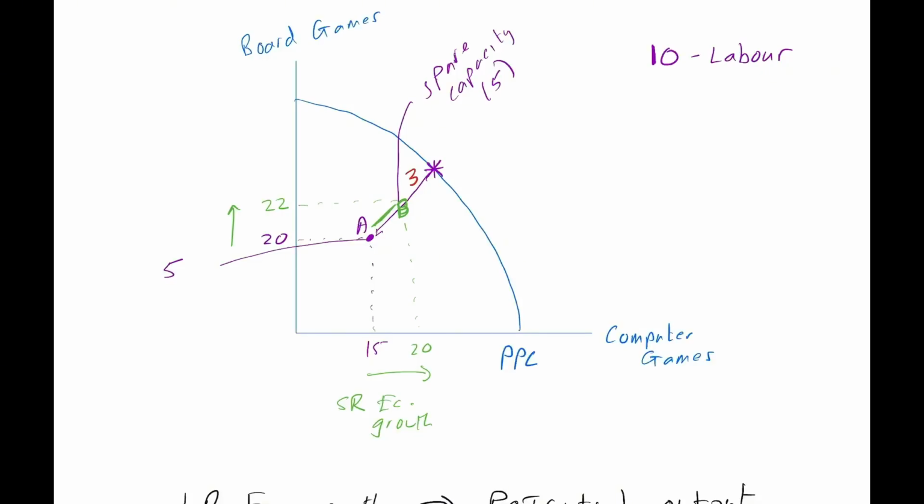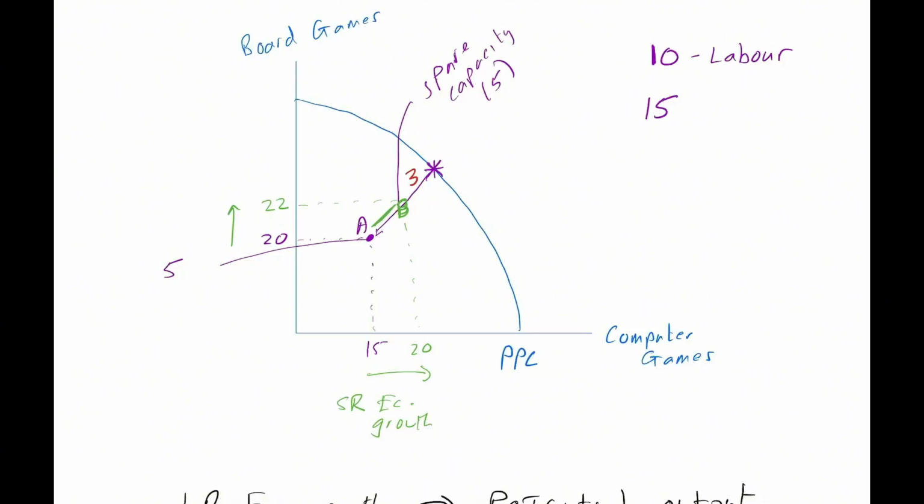Okay, now let's say 5 people migrate into the economy, okay? So we've got 5 people joining the economy from an overseas economy. They've migrated into our economy. So that means the number of available units of labour has increased from 10 to 15. 5 people have moved to our country, to our economy.